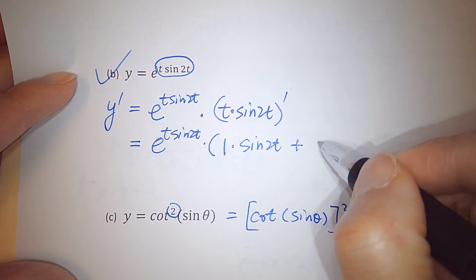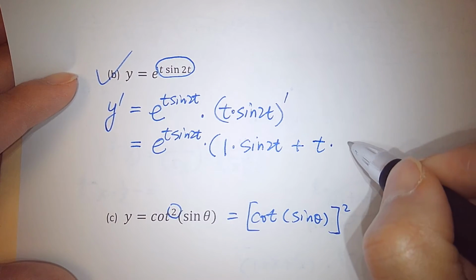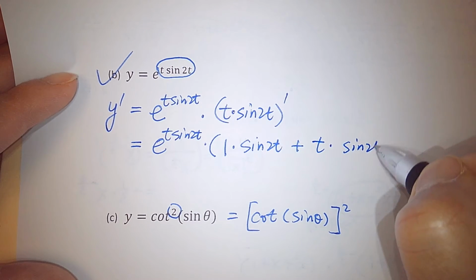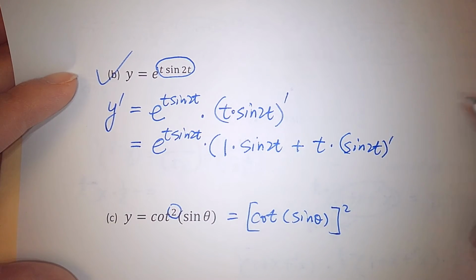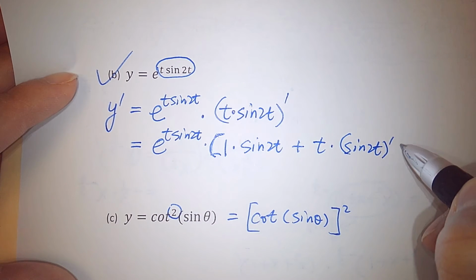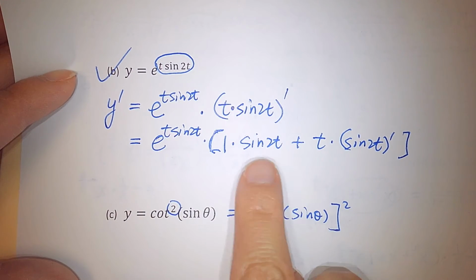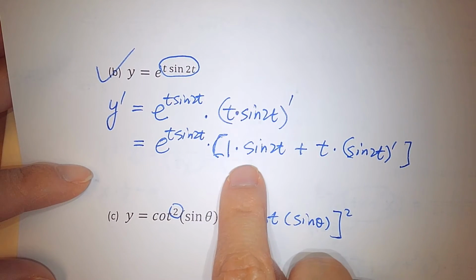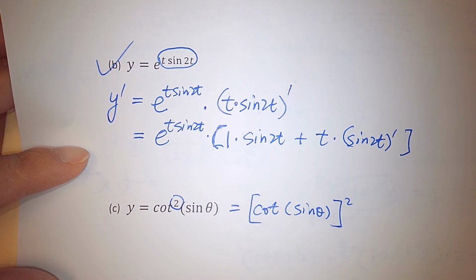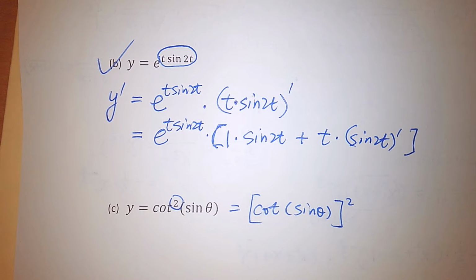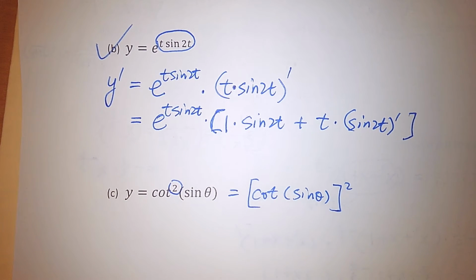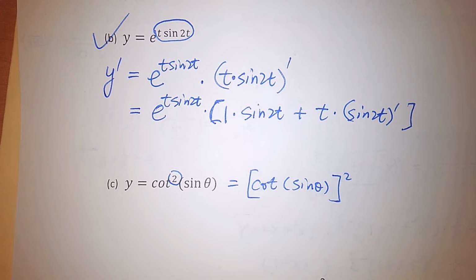And then plus t, we copy that, and then differentiate sin of 2t. See whether you're okay with this step or not. We're not done yet, right? So this is just the product rule.